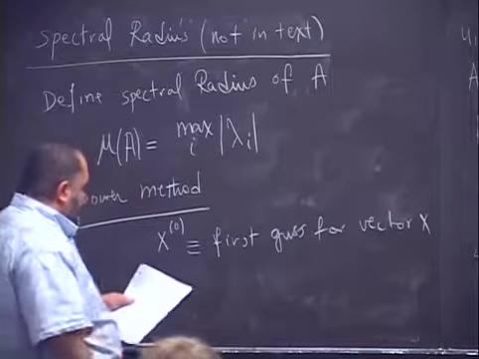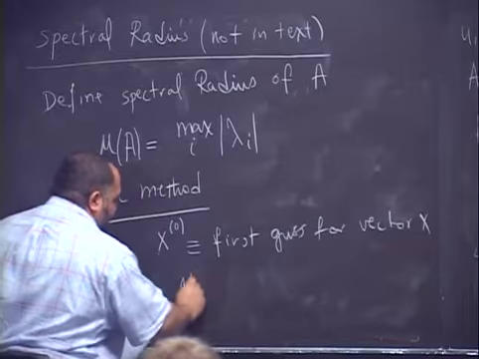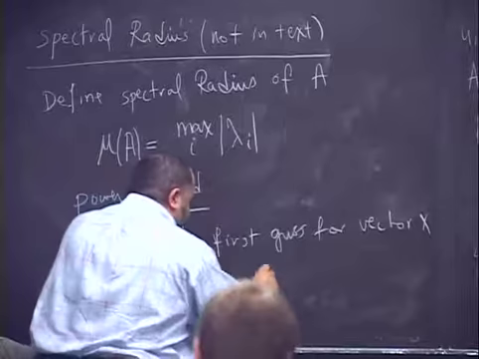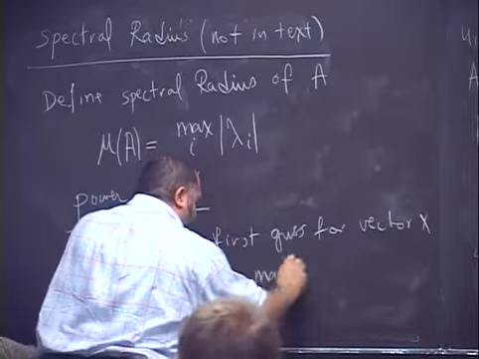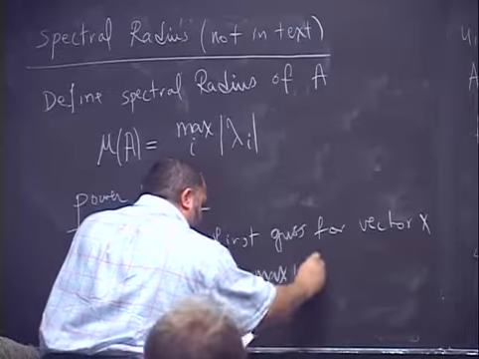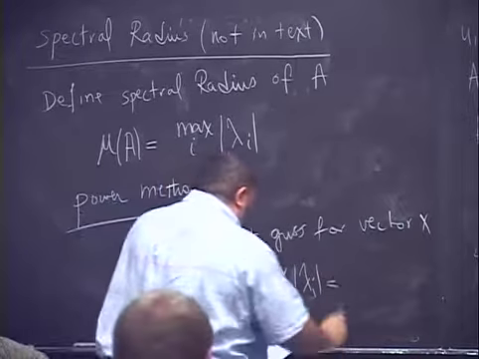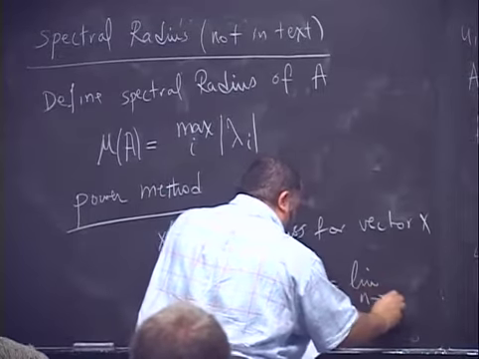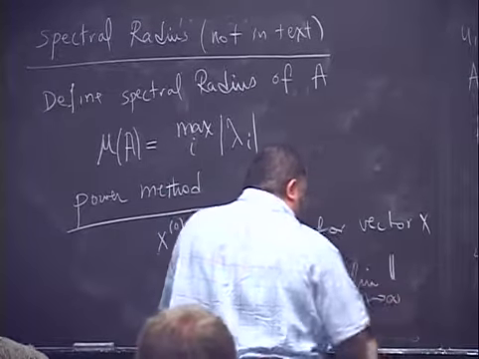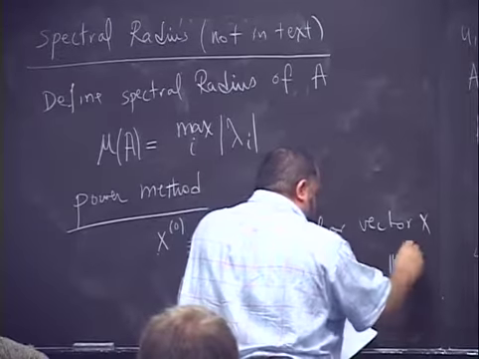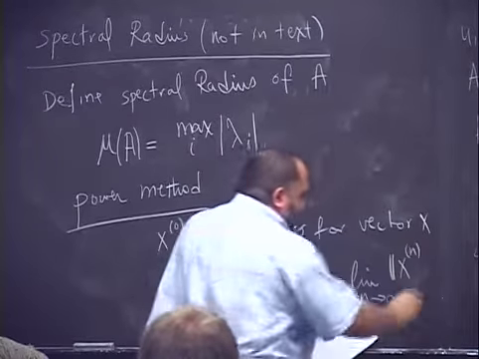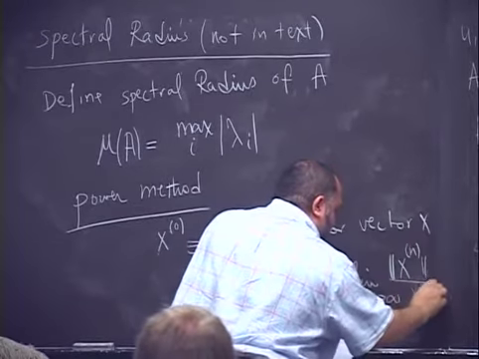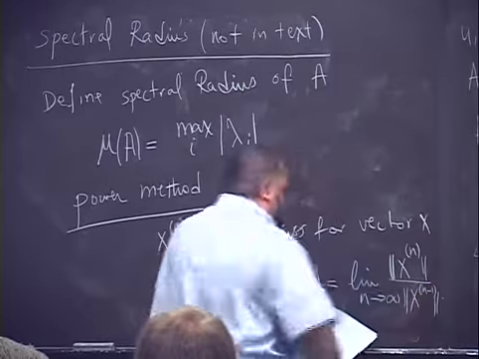And then in order to get the spectral radius of a matrix, the maximum of lambda i, all you want to do is take the limit when n goes to infinity, and we'll prove it right now, of the norm of x after the nth iteration divided by the norm of x after n minus 1 iterations.